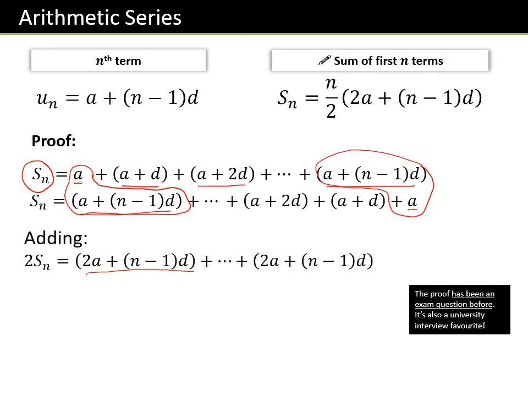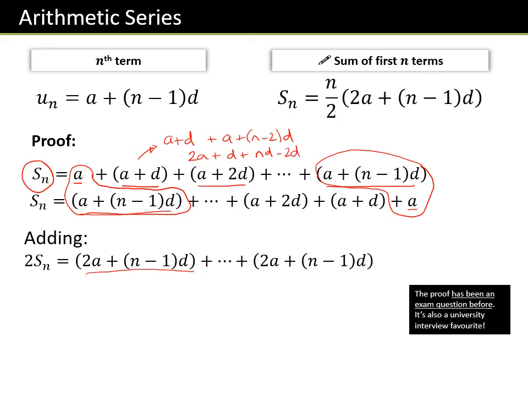Just to convince you that I would get that on each of them, my second term written here is a plus d. And my term written here would be not a plus (n minus 1)d, but it would be a plus (n minus 2)d. Well, if I expand these out, I'm going to get 2a plus d plus nd minus 2d.